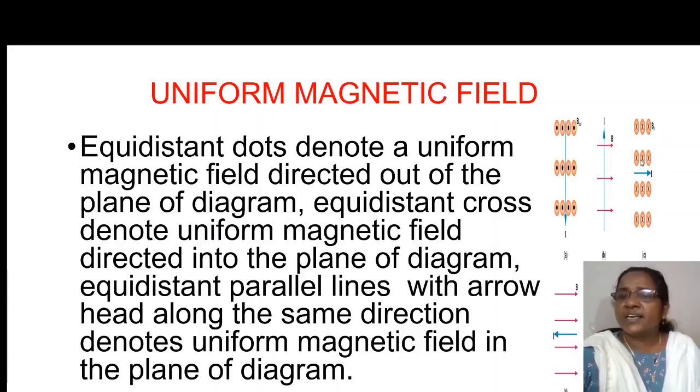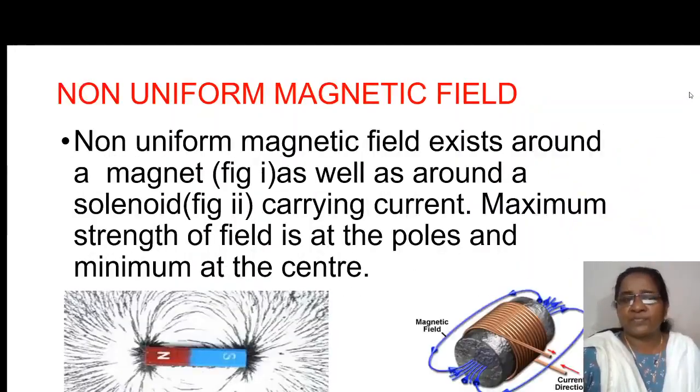Here, you can see equidistant cross marks. It is a magnetic field entering into the plane of the diagram. Here also it is a magnetic field from left to right. This is from down upwards and this is towards the left. All these represent uniform magnetic field where the strength of the field is the same everywhere.